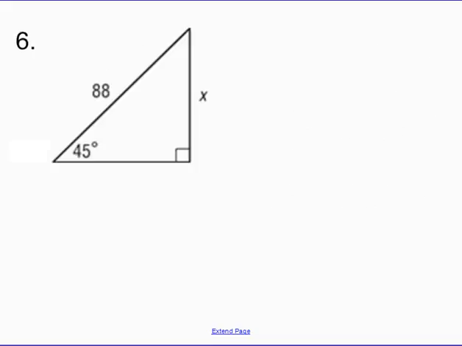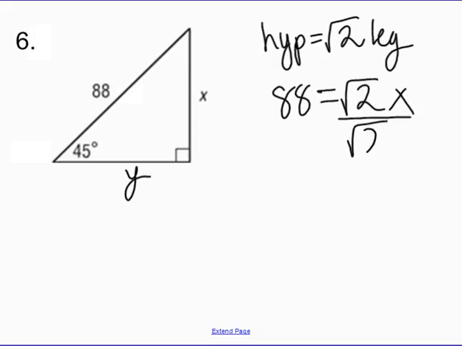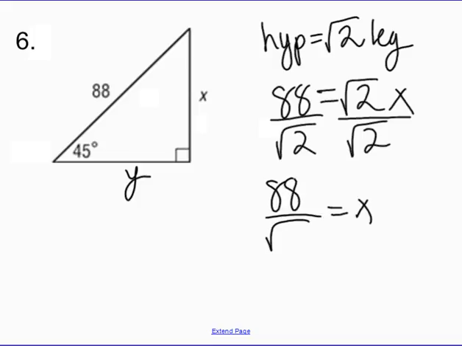Last one, 45-45. We need to find what x and y are. If I have the hypotenuse, I need to divide by radical 2. If you forget, you can use this formula. Hypotenuse is 88. A leg is x or y. And sure enough, to get x alone, I need to divide by radical 2.